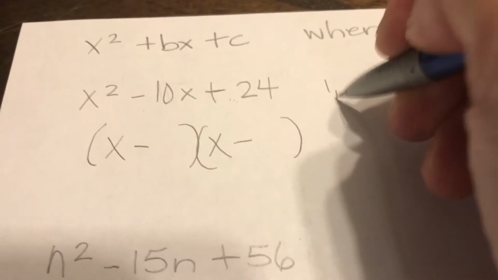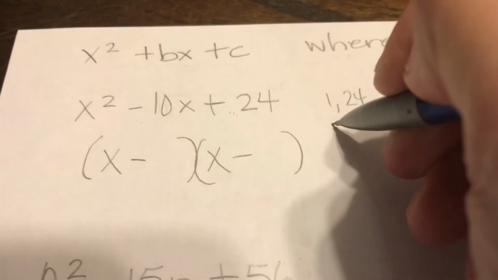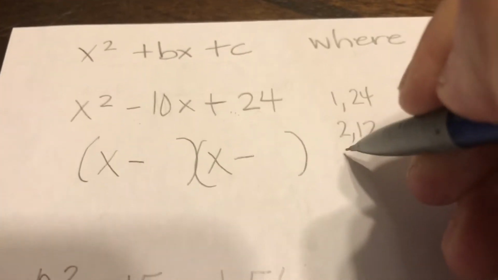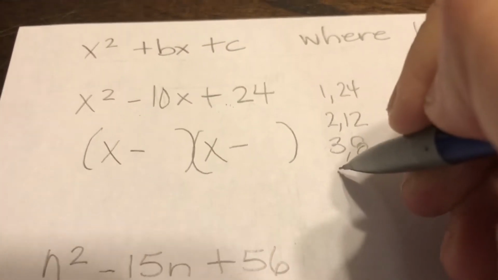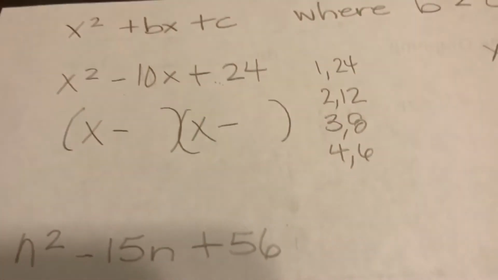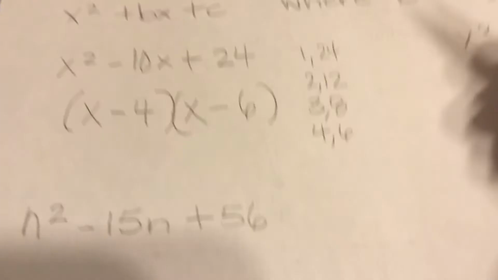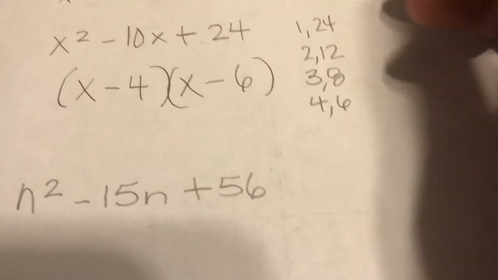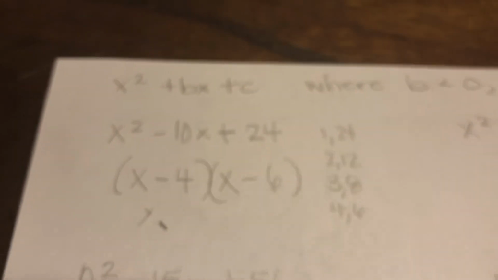So if I look, 1 and 24, no. 2 and 12, no. 3 and 8, no. 4 and 6, there it is. So same thing here. It doesn't matter which order that you put it in as long as 4 and 6 are both there.